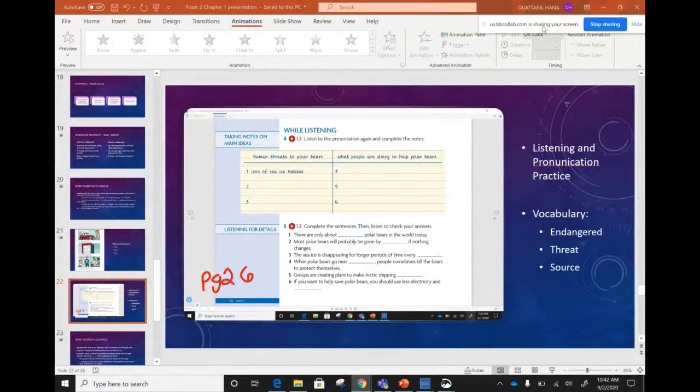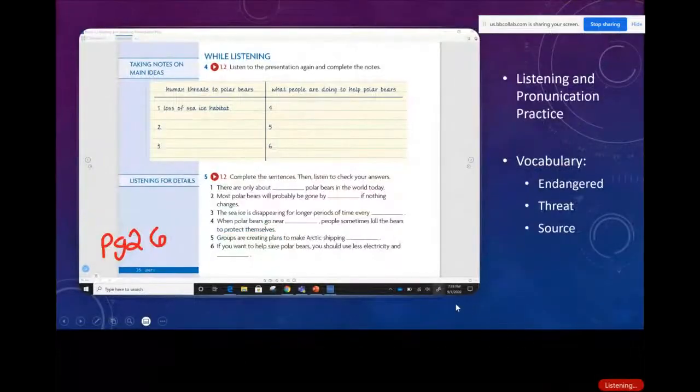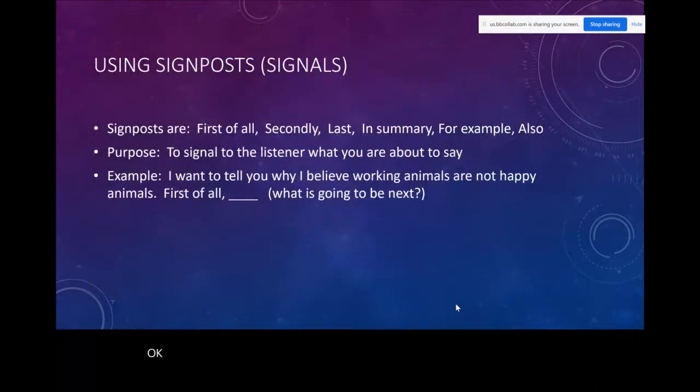Okay, let's go back to our PowerPoint, and I want to talk to you about signposts next. Okay, signposts is another word for signals. Here's some examples of signposts.